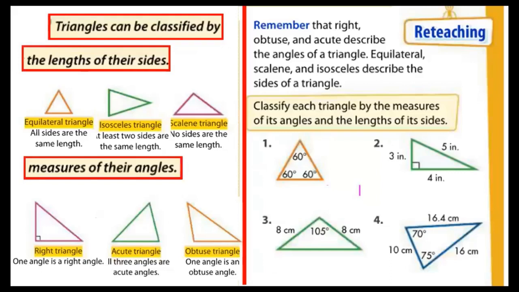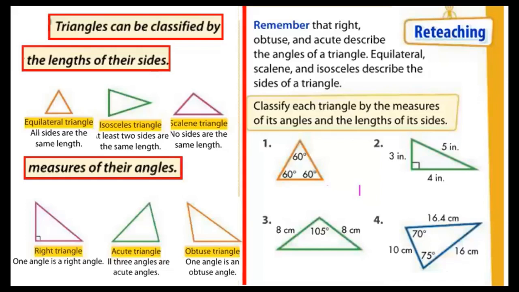Remember that right, obtuse, and acute describe the angles of a triangle. Equilateral, scalene, and isosceles describe the sides of a triangle. According to the given data here, you will find, as I told you, a conclusion for all types, for side lengths or for the angles.